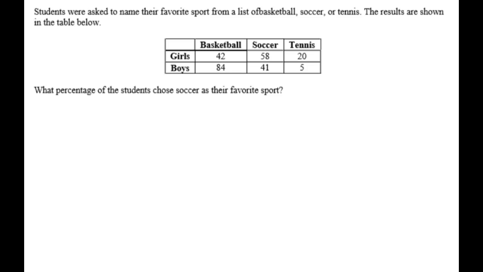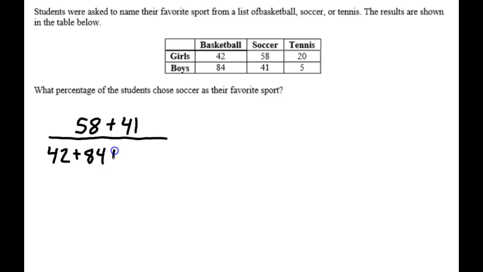So the total number of students that like soccer is 58 girls plus the 41 boys that said they preferred soccer. We have to divide that by the total, which is going to be 42 plus 84 plus 58 plus 41 plus 20 and then plus 5.